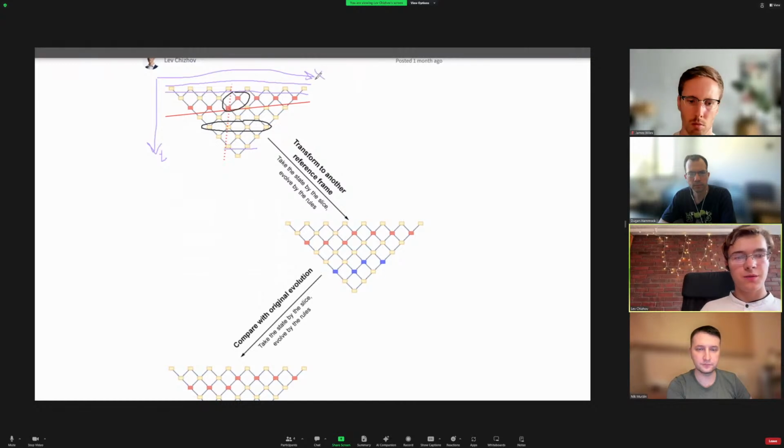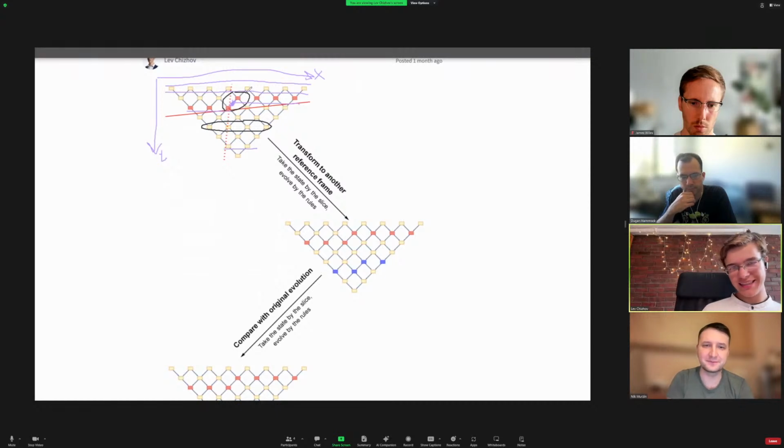And then if you want to transform to another reference frame, we say that for some moment of time, these events have happened, and these events have happened, and everything that's above has happened. And we forget about the rest.